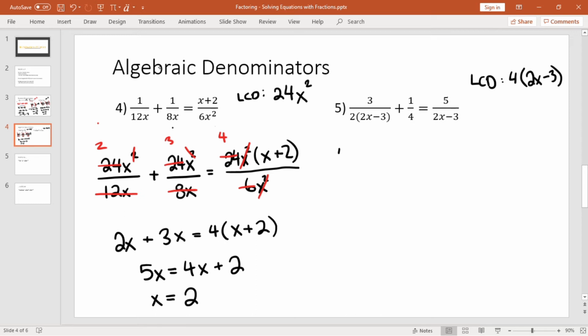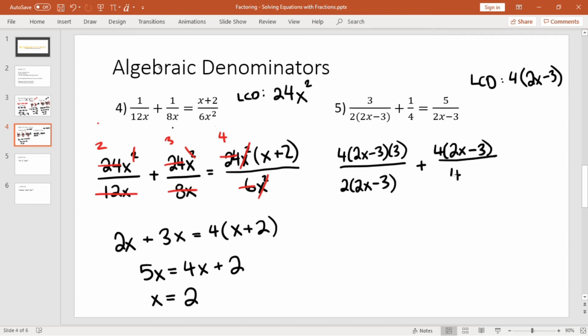We're going to have 4 times 2x minus 3 times the 3 that was already there. And in our second term, we're just going to put it all on top because that was a 1. And in our third term, 4 times 2x minus 3 times 5, and it's going to be over that 2x minus 3. Put some brackets on.